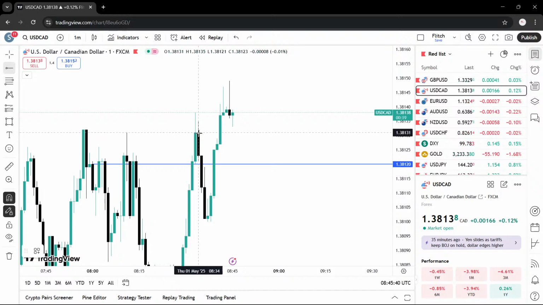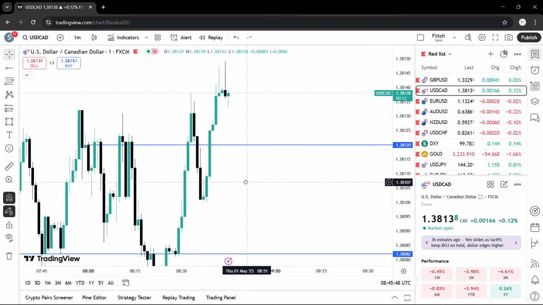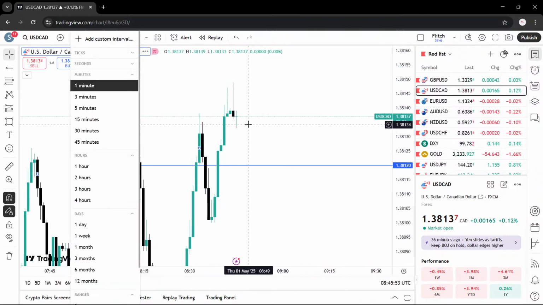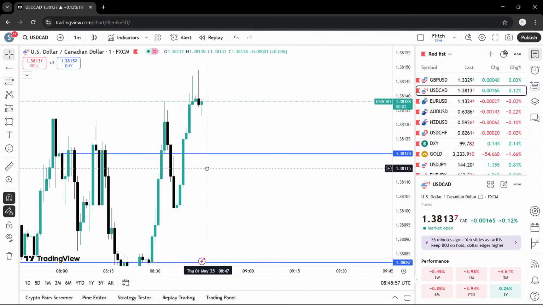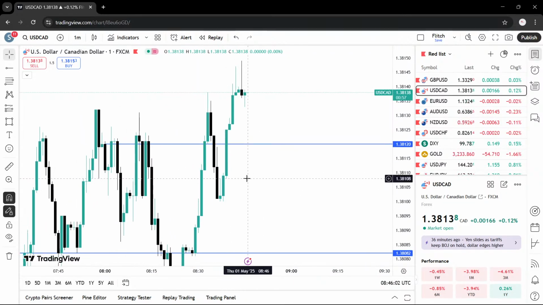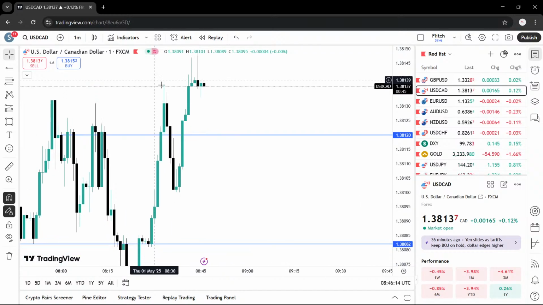We can take it from this high, but I'd like to see market go in a bit more to the downside, then we might look for potential buys. So guys, where do we buy? Where should we put our buy?